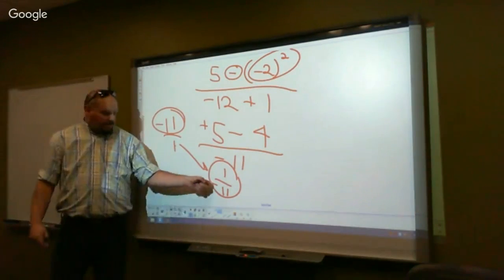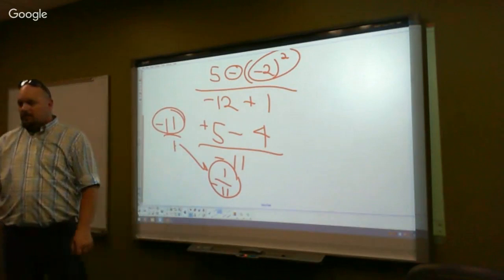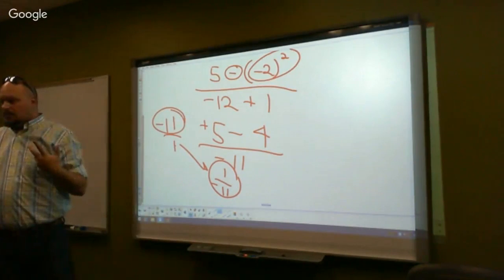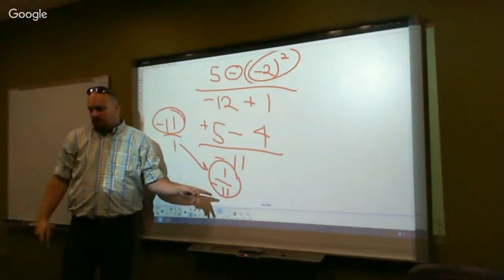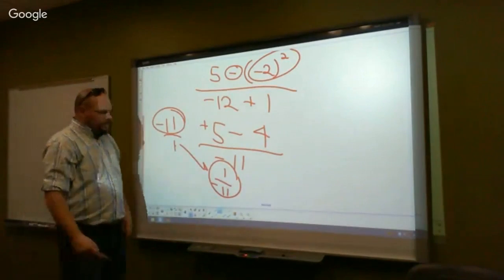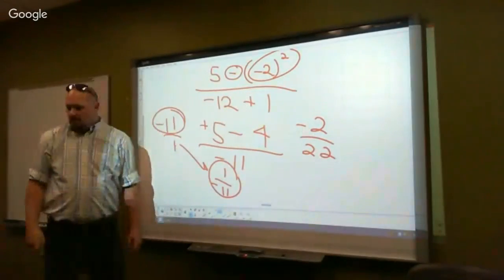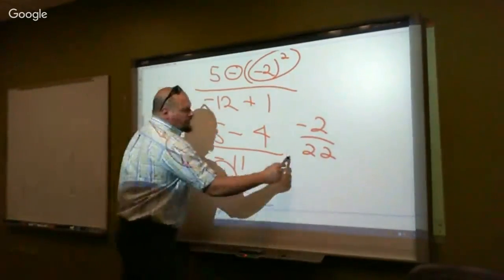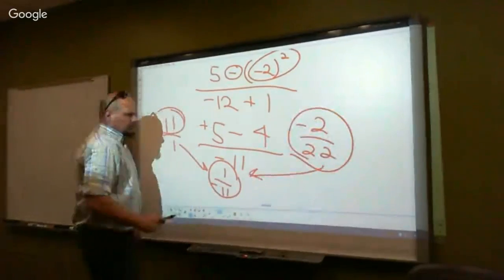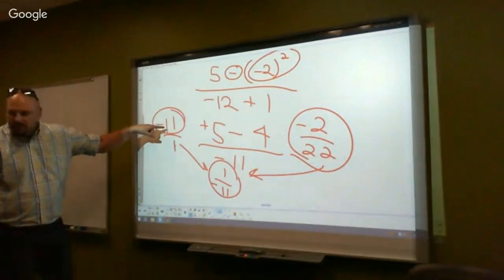Once you have this, you try to simplify. It's all the way simplified. This fraction is equal to this fraction, but not equal to this one.